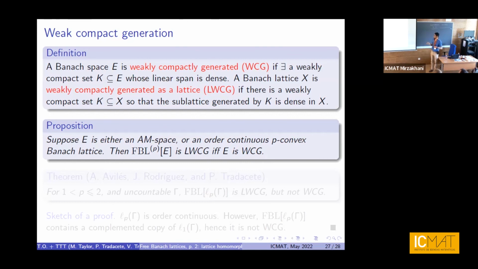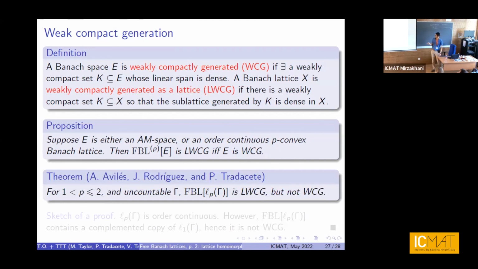So here I should mention, as a way of getting to this, this proposition that, let's say, E is either an AM space or an order continuous p-convex Banach space. Then for the free Banach lattice, LWCG is equivalent to WCG.